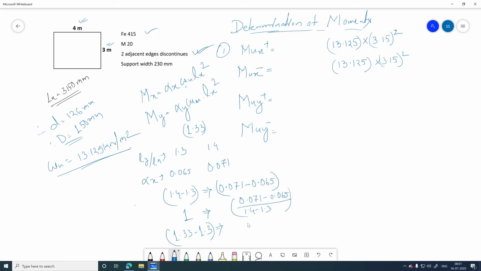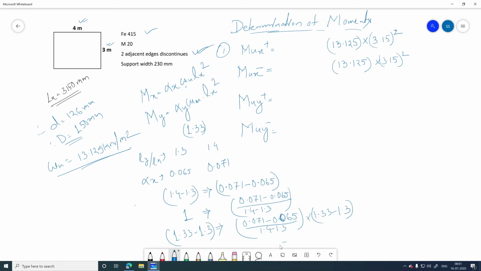Now we need to multiply this with 1.33 minus 1.3. So whatever value we get, let's see.